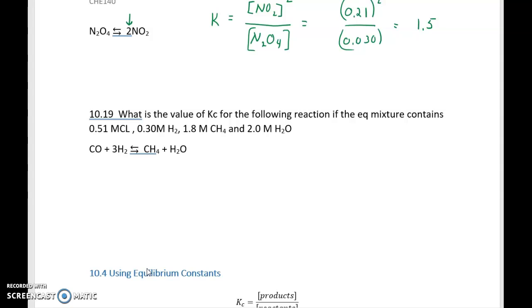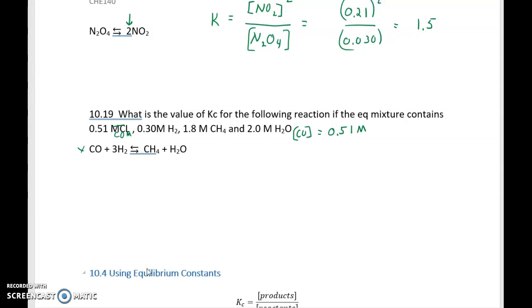and then we've got all these things, we're going to write them out. This is our reaction down here. There's a misspelling here. This is supposed to be the carbon monoxide in moles. Okay, so we've got 0.51 moles of carbon monoxide.